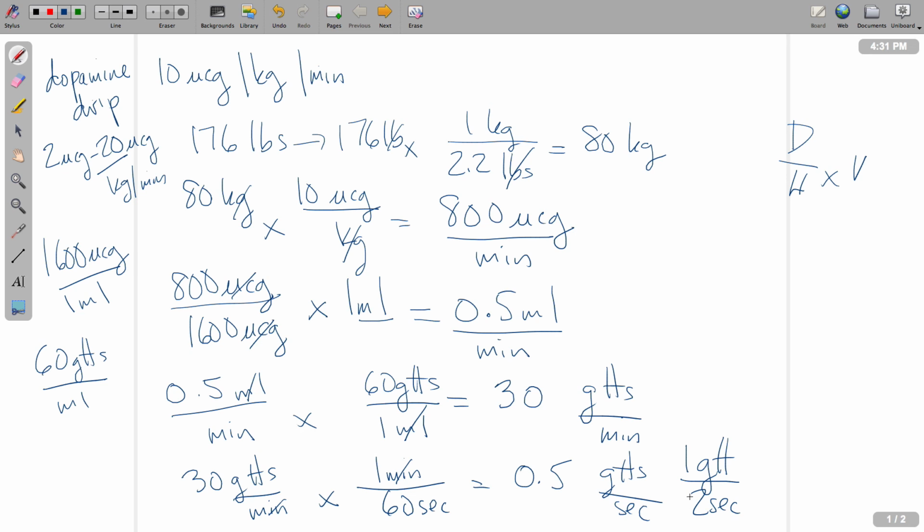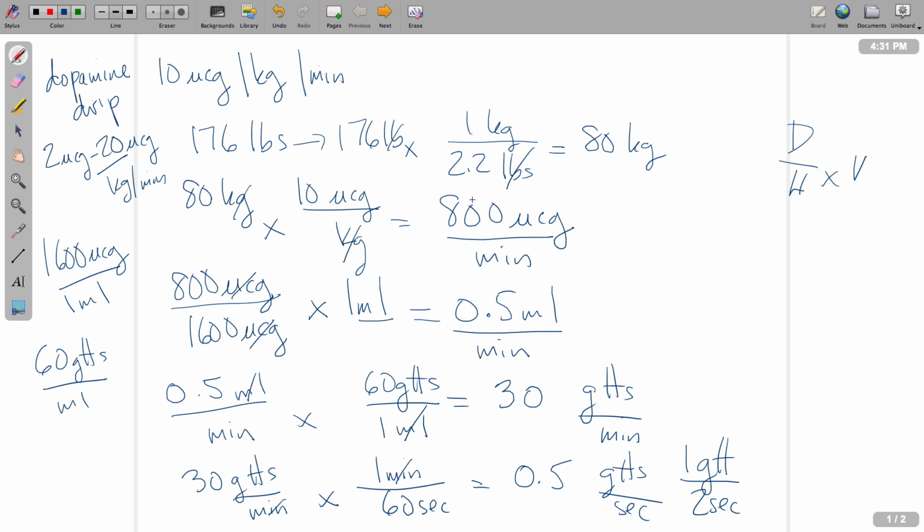The way that we calculated this drip is we started off with a couple things that we knew. We were given the amount of drug that we had to give per kilogram per unit of time. We were really given the total concentration of the drug based on that 400 and 250. We were given the patient's body weight in pounds. We converted that into kilos.